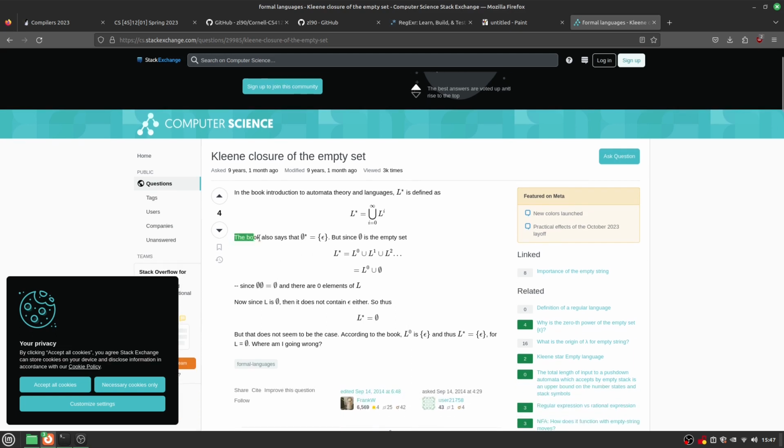The book also says the Kleene closure of the empty set equals the set containing the empty string.